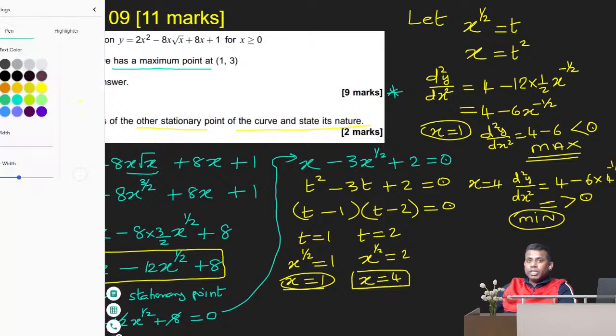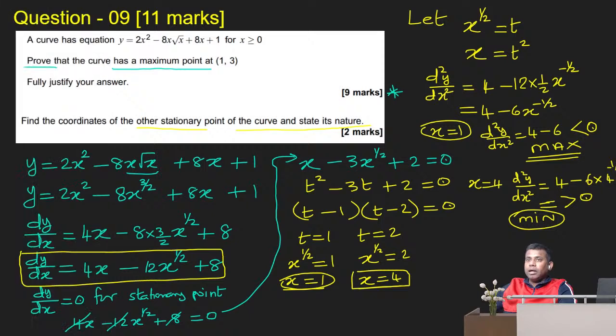So I'm just going to change to a different color to work it out here. When x equals 4, I'm making use of this white space. So y equals 2 times 4 squared, minus 8 times 4 times root 4, plus 8 times 4 plus 1.